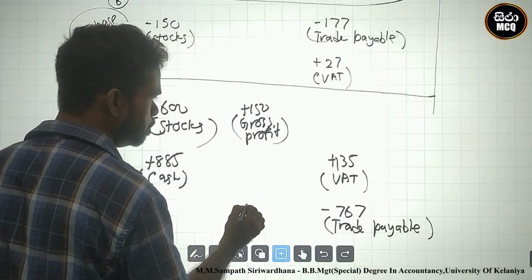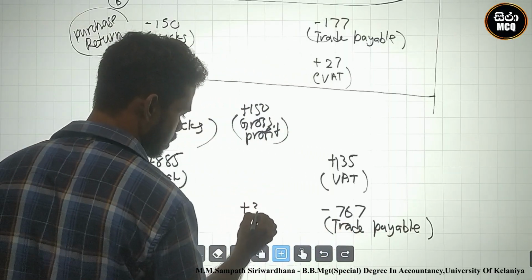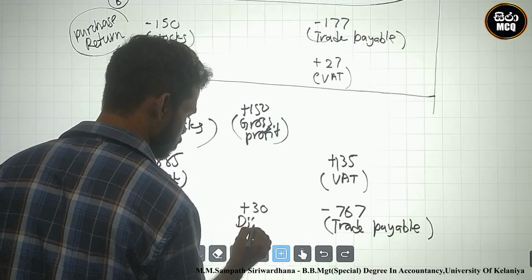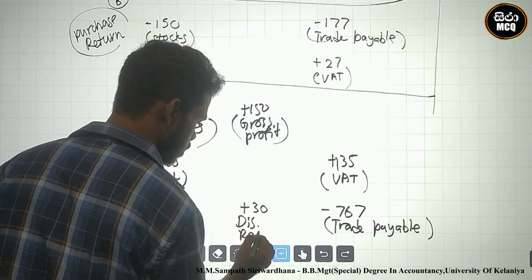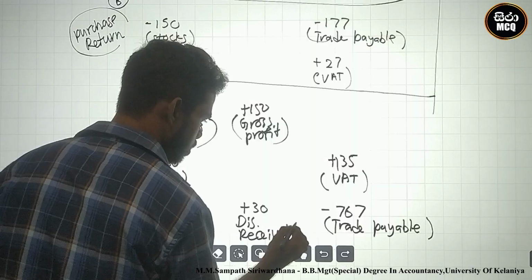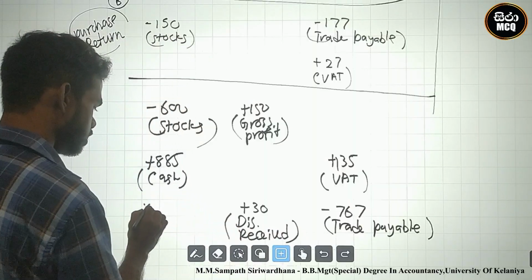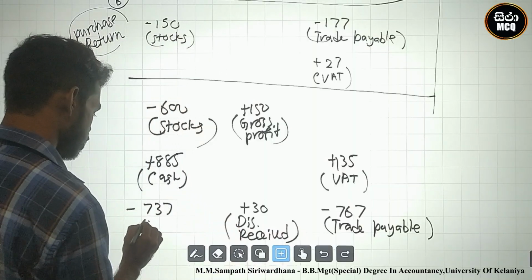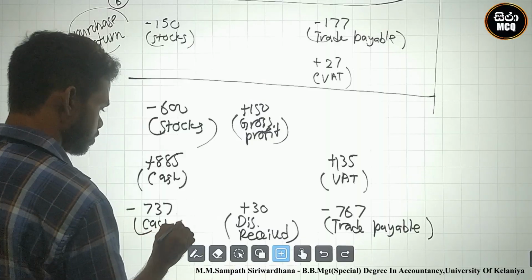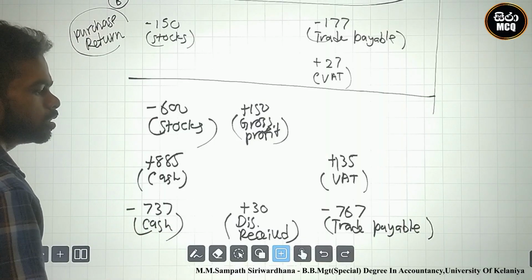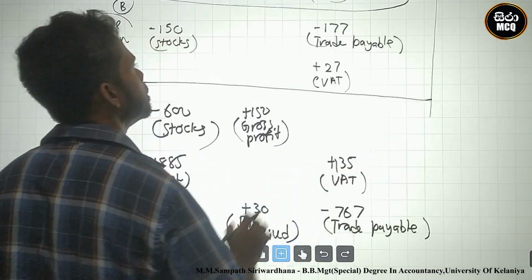Discount received impacts equity: plus 30. Cash paid amount 737, cash asset. This is the total impact to the equation.